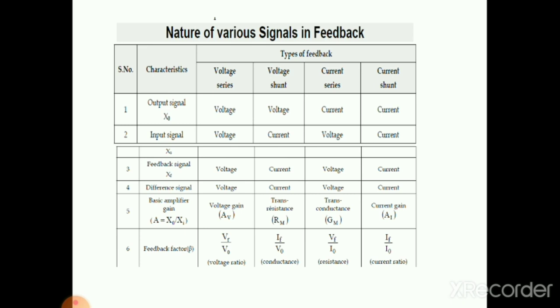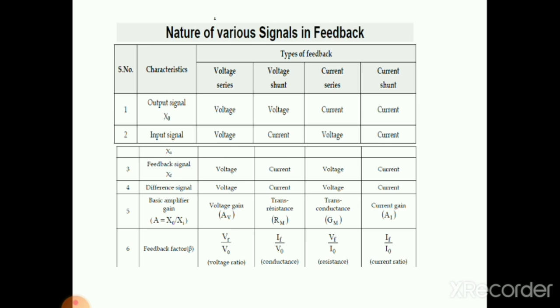So whatever the input signal is, that is the difference signal here: voltage, current, voltage, current, and voltage, current. But the basic amplifier A is equal to output signal by input signal Xi. Output signal for voltage series is voltage, and the input signal is voltage. So voltage by voltage, we have voltage gain.